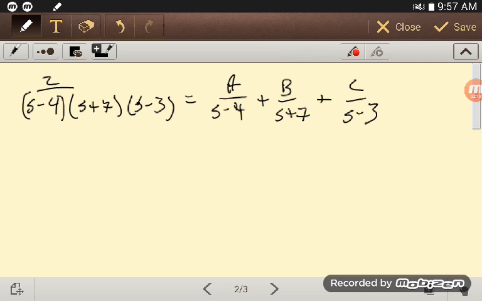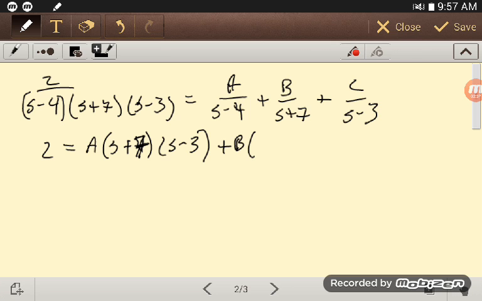Now here it gets a little more complicated because when I get that common denominator, I actually have A times s plus 7, s minus 3, plus B times what it doesn't have, so the s minus 4, s minus 3.